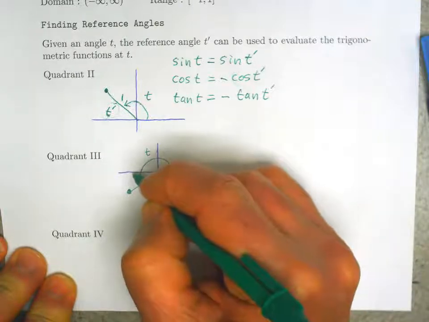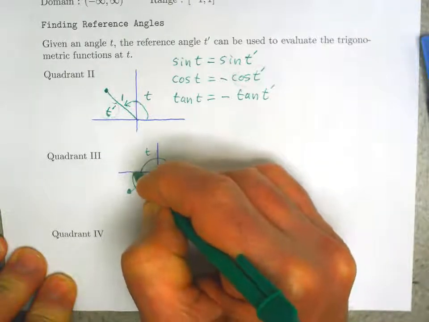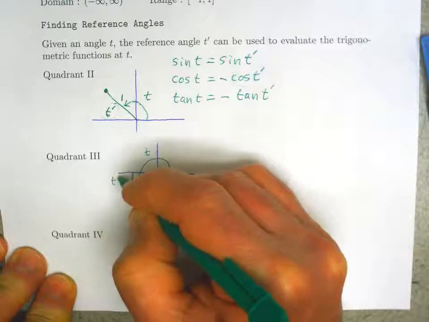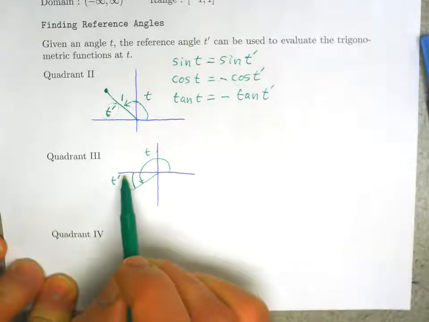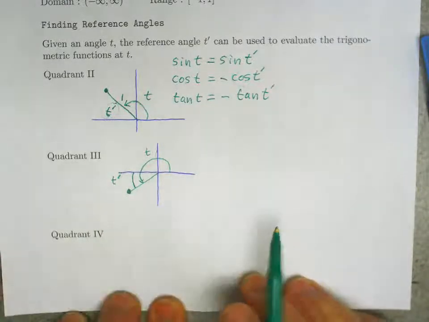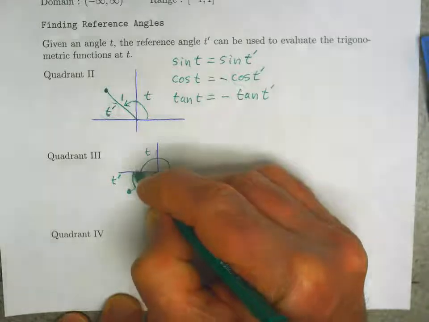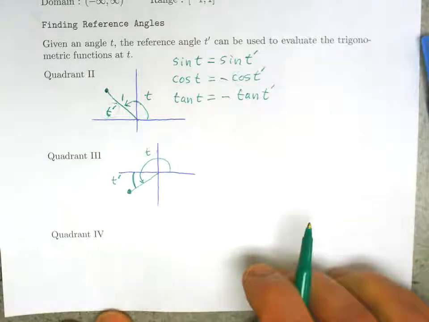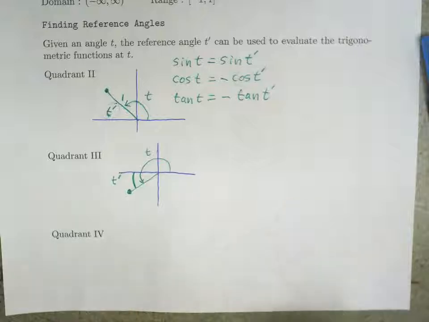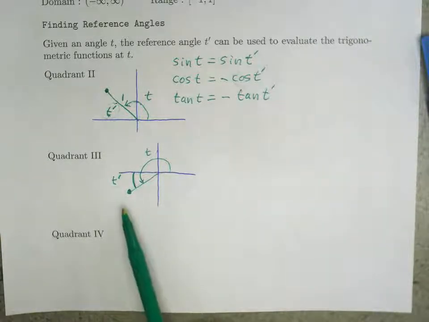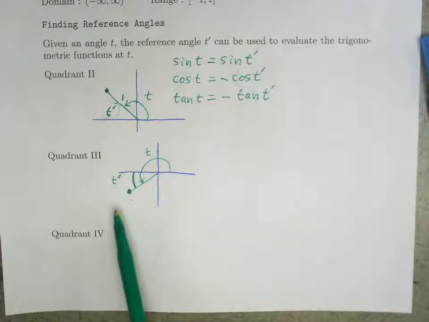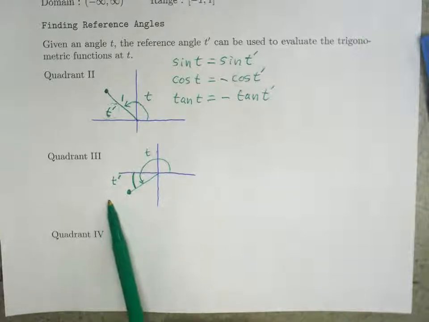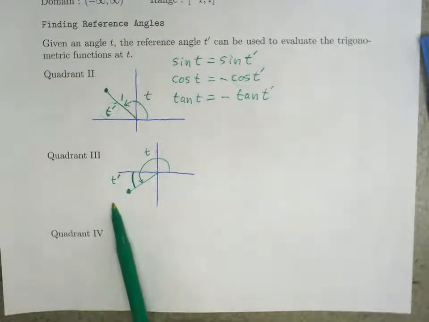And the reference angle is just this angle, t prime. But remember, t prime is, we're just taking the positive measure of that angle. In the third quadrant, the x-coordinates are negative and the y-coordinates are negative.